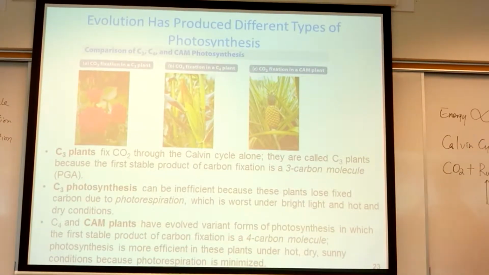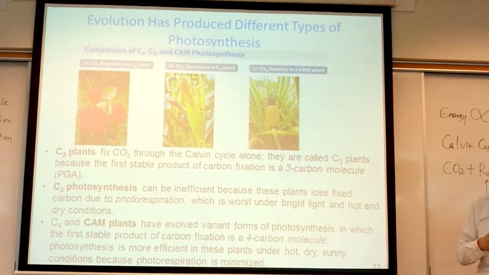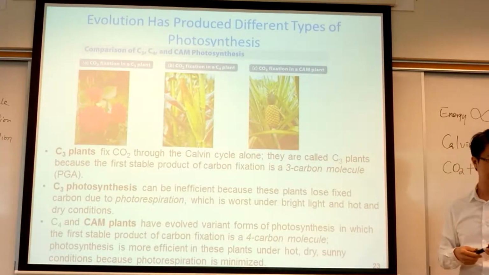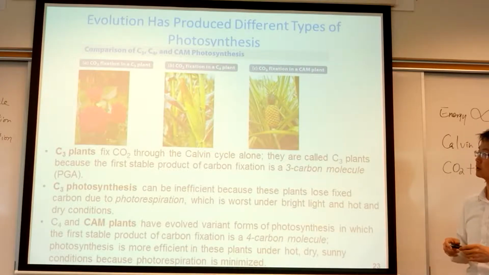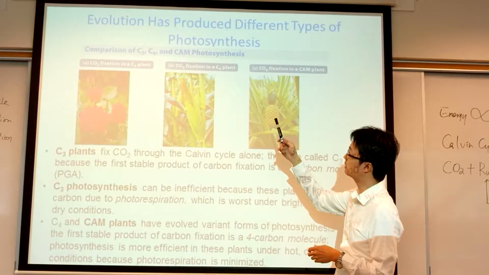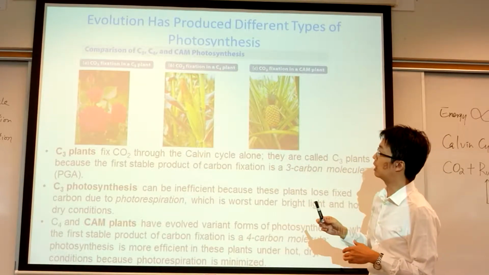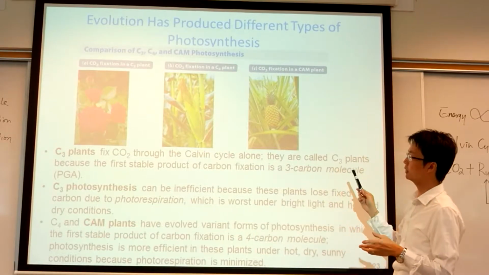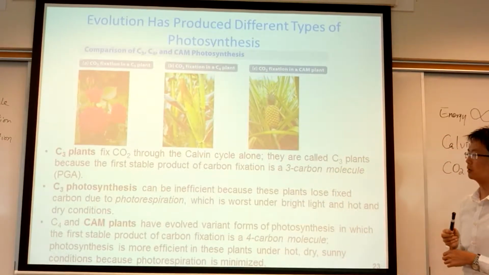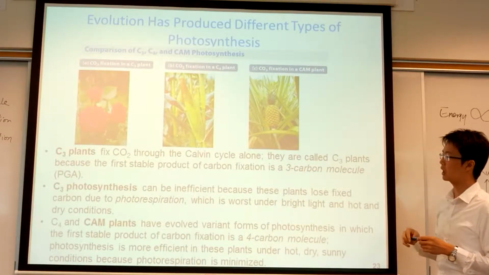Okay, now we have different plants. Different plants have different strategies in terms of photosynthesis. We have C3 plants, C4 plants, and CAM plants. They have different ways to do photosynthesis. In C3 plants, they do the Calvin cycle.